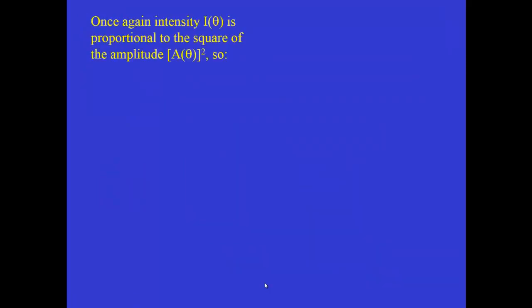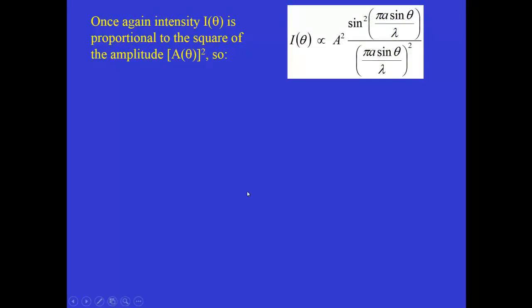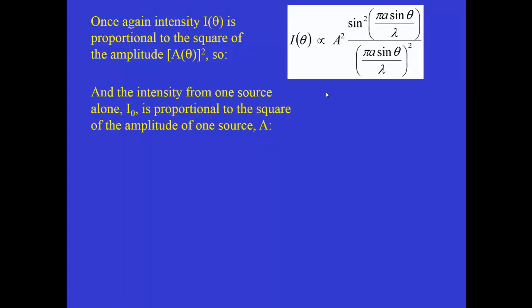So let's convert this to an intensity, because that was my goal, finding an expression for the intensity as a function of position on the screen. And you'll remember from our discussion of the double slit that intensity is proportional to the amplitude squared. So when we take that theta-dependent amplitude from the previous slide and square it, here's what we get. Then we can just remember that for a single source alone, the intensity is simply proportional to the amplitude of the single source squared.